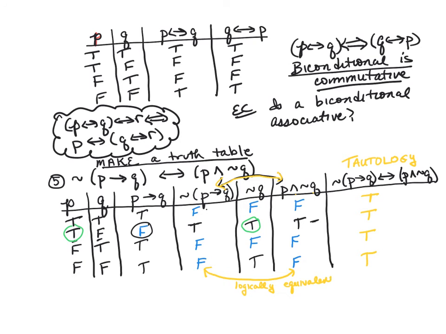So it would make sense to say that when 2 statements are logically equivalent, then the biconditional formed between them is a tautology. And if you think about that, logically equivalent statements have the same truth values, and when we form a biconditional between them, that biconditional will always be true. So let's summarize on the next page.